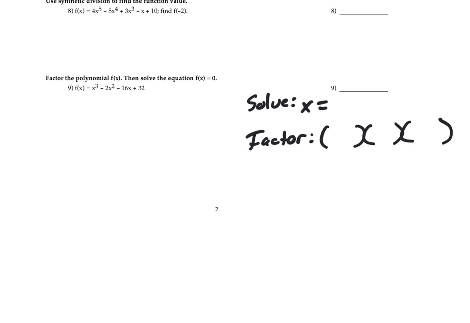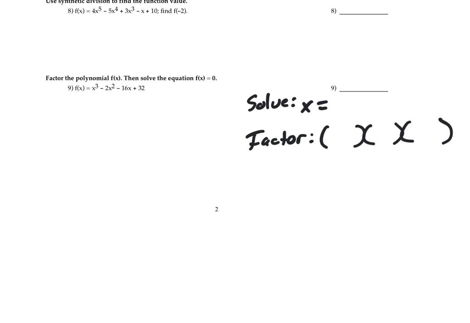A lot of these are not going to factor by grouping, so the shortcut I showed you would be to graph it, find out where it crosses the x-axis, and state what those zeros are. We know that this would have up to 3 zeros because of my degree of 3. And I think on ones like this, most of the time, it will have 3 zeros.